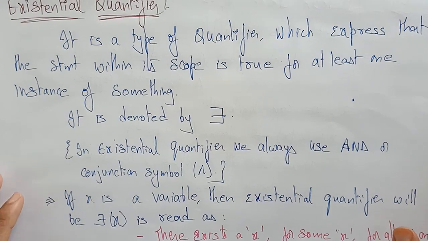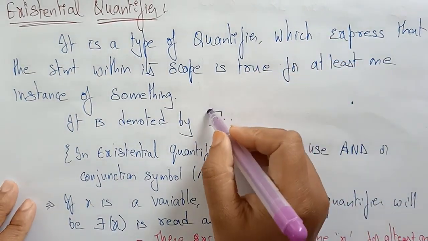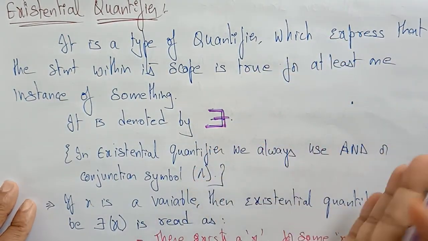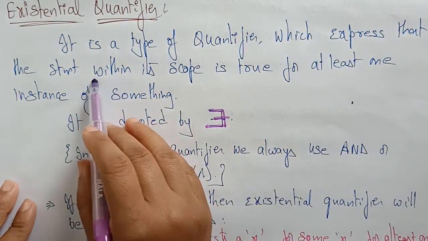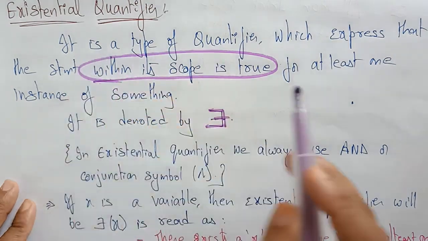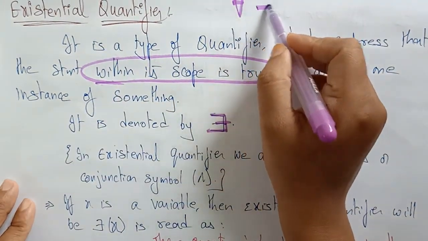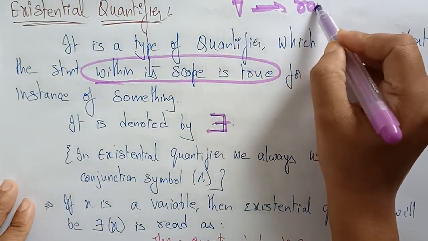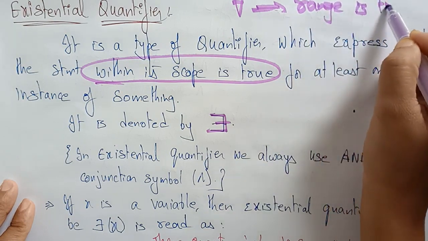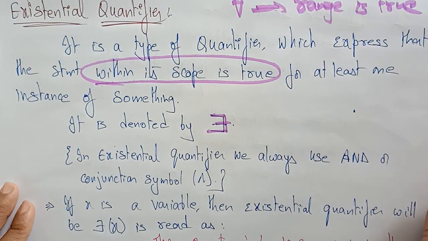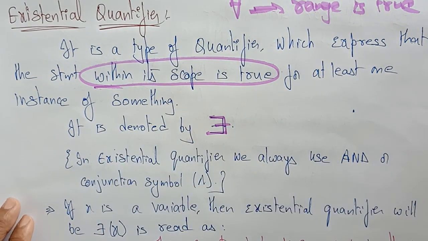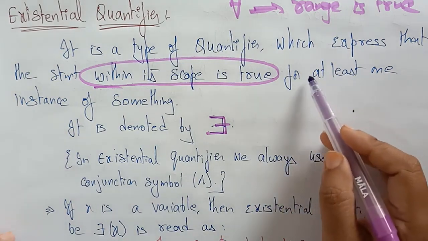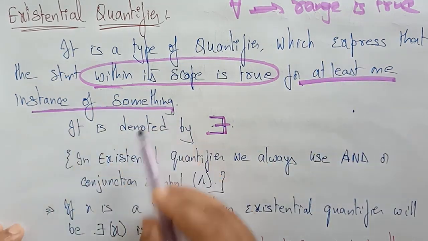Now let's see the existential quantifier. The existential quantifier is represented by the reverse of E. It is a type of quantifier which expresses that the statement within its scope is true, whereas the universal quantifier is true within its range. The existential quantifier expresses that the statement within its scope is true for at least one instance of something.